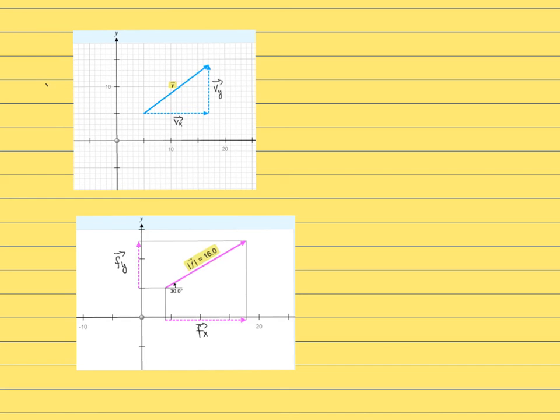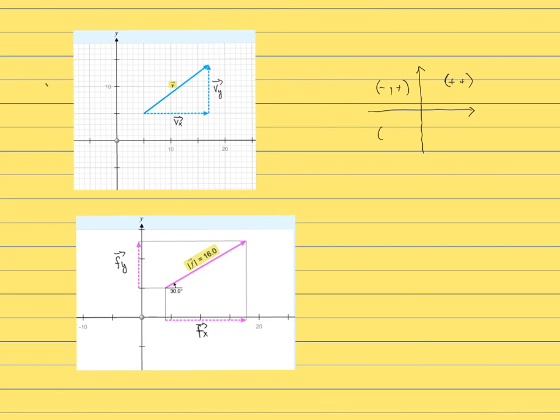Maybe I'll mention one more thing, and that is to think about the coordinate system and the signs. It's important to understand that any vector that is here will have both components positive. Oh, sorry, I need to erase that. Any vector here will have positive components. This one here will have a negative x and positive y component.